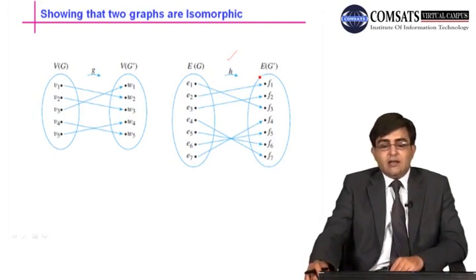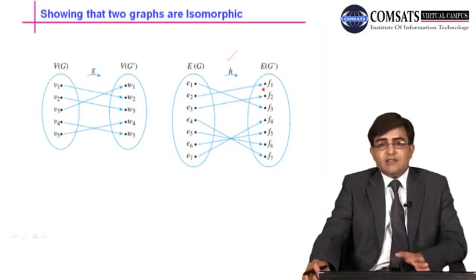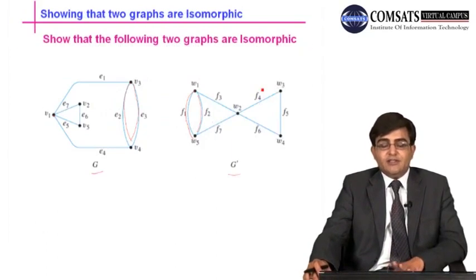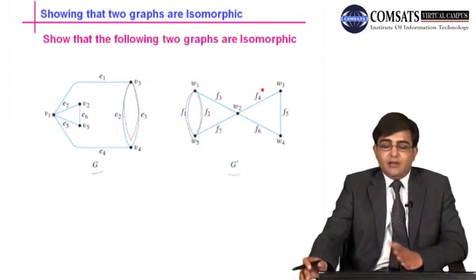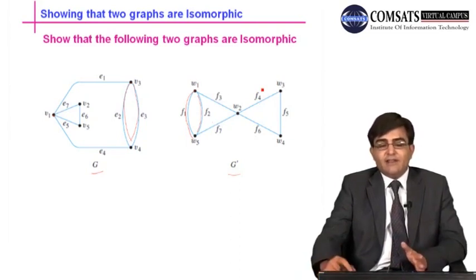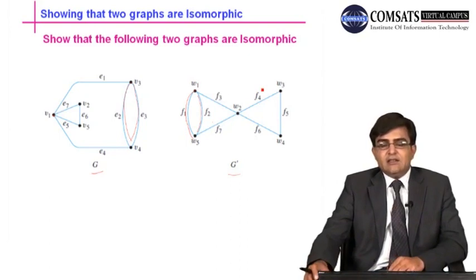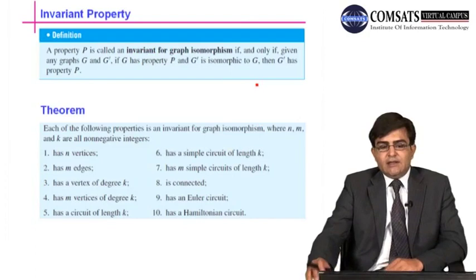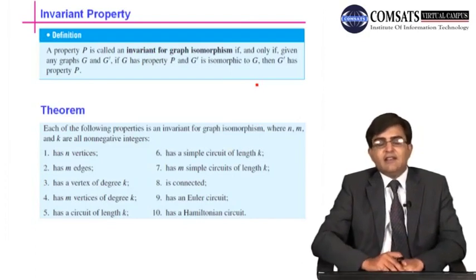So we can define the one-to-one correspondence like this between the vertices and edges of these two graphs. If we succeed in finding a one-to-one correspondence, then we can say that these two graphs are isomorphic.